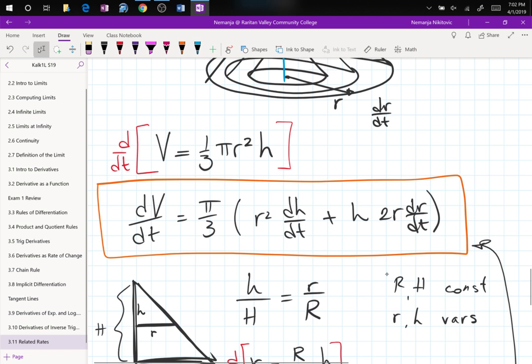Radius is changing depending on how big the pile is. Now you can do this, you can drain the water, you know, cone is a cone. Cone is a cone. And as long as you know the formula for volume, you should be able to do it.